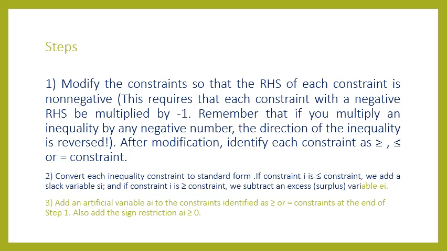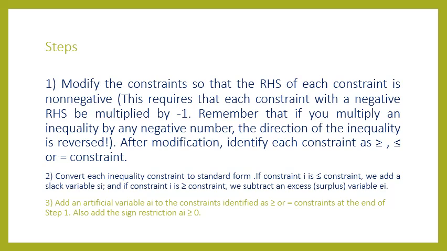Add an artificial variable Ai to the constraint identified as more or equal at the end of step 1. Also add the sign restriction Ai more or equal 0.